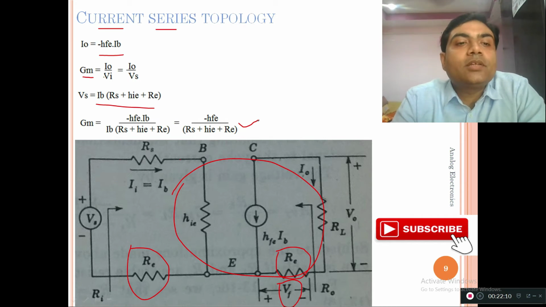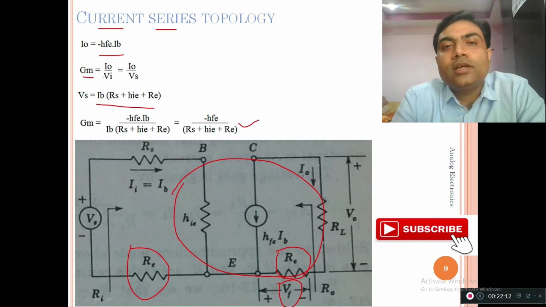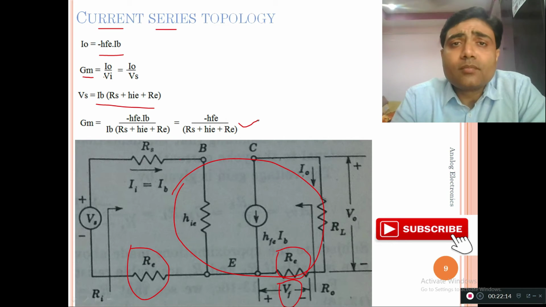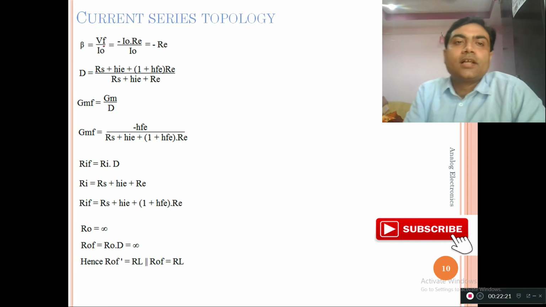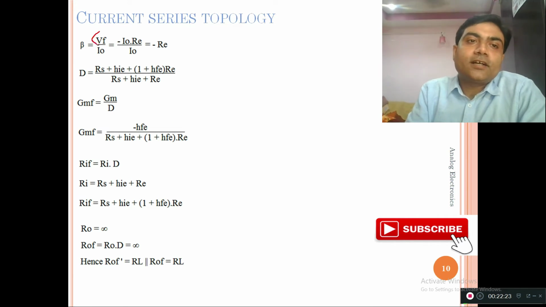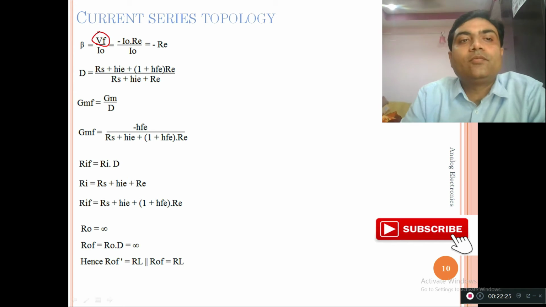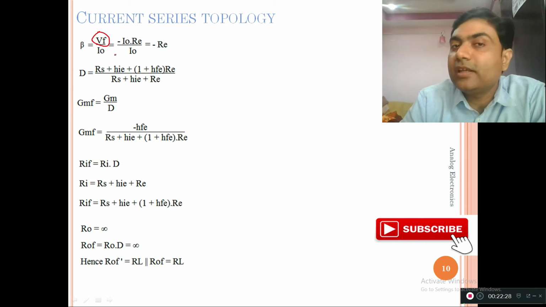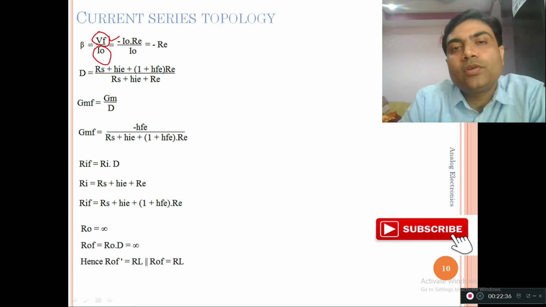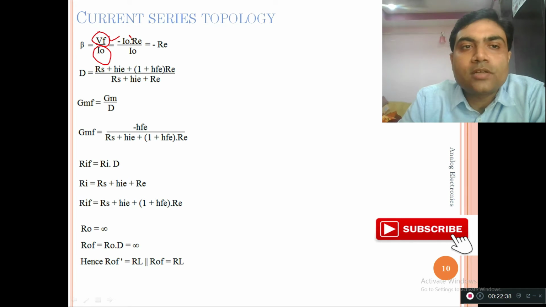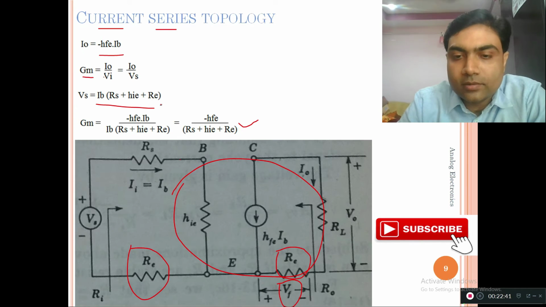Once we determine the value of GM, we can determine the value of GMF also by determining the value of beta. So just go through this analysis. Beta: we are getting the feedback VF because we are mixing in the series, so the form will be voltage. Since we are sampling the current, it is VF upon I naught. What is VF?